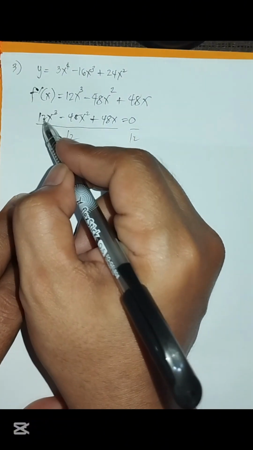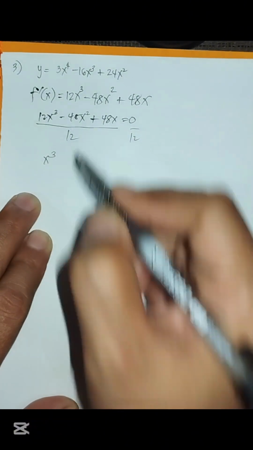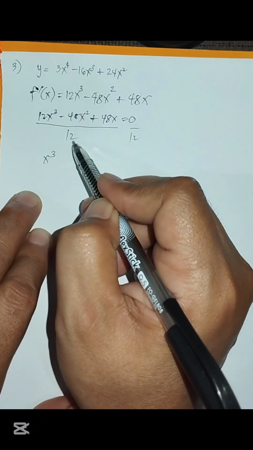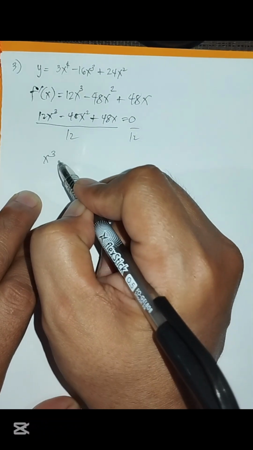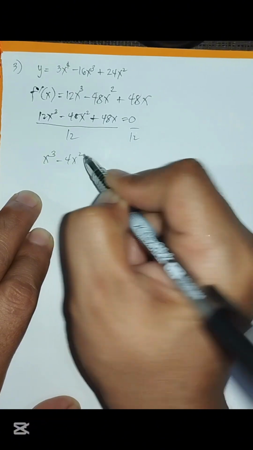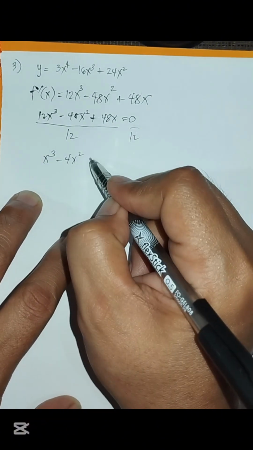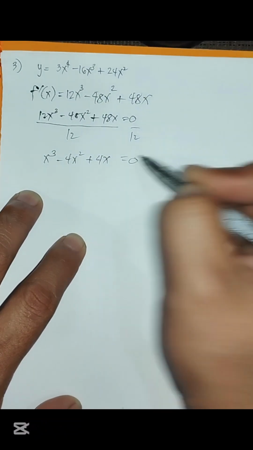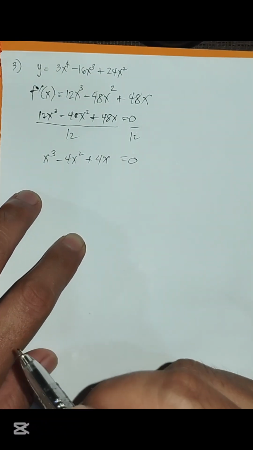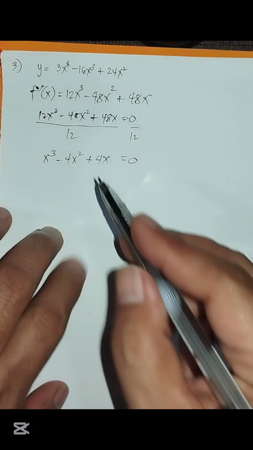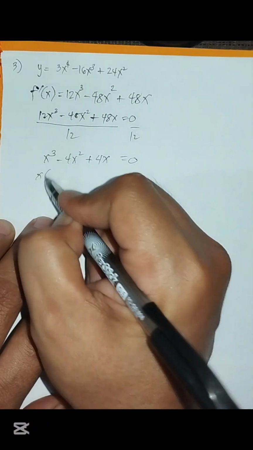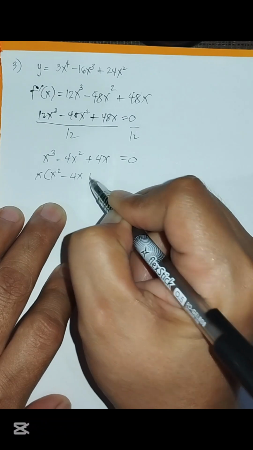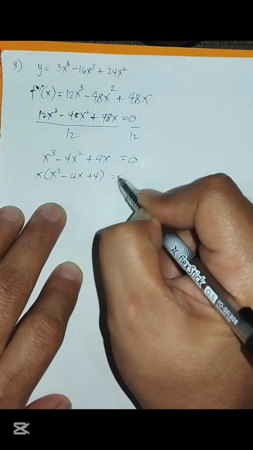So we have x cubed, and then 48 divided by 12 is equal to negative 4x squared. And then 48 divided by 12, another 4, this time positive 4x equals 0. Then they all have x, so we can factor out the x. We have x times (x squared minus 4x plus 4) equals 0.